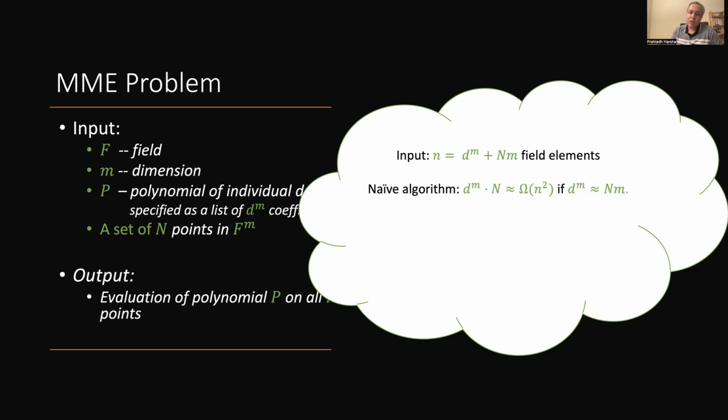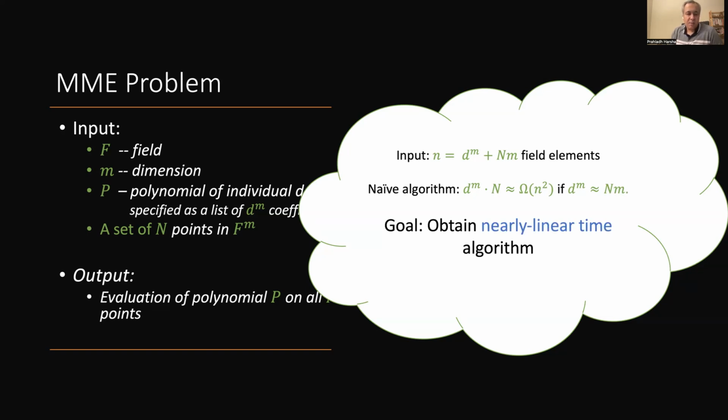And our main question, which we would like to answer, is: can we do the MME problem significantly faster? In particular, can we solve it in nearly linear time and not quadratic, as the naive algorithms are? In particular, for which fields can we solve the MME problem in nearly linear time?